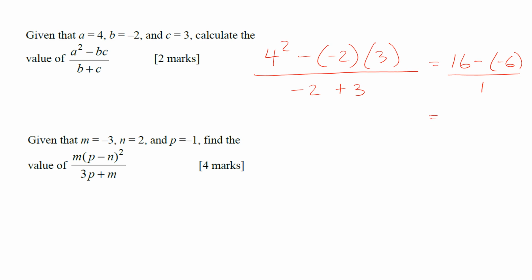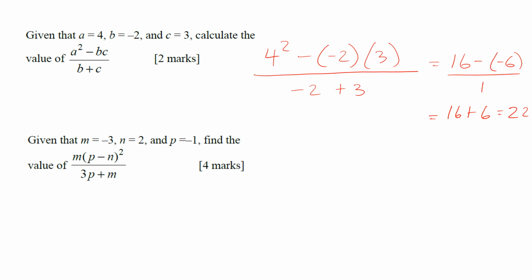So we can just focus on our numerator, because dividing by 1 won't change the value of the numerator. So that's 16 minus negative 6. So minus negative 6 is just a plus 6. So that's 16 plus 6, guys, which will give us a positive 22. So the answer to that question is positive 22.